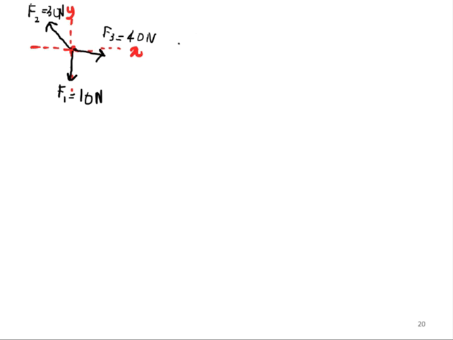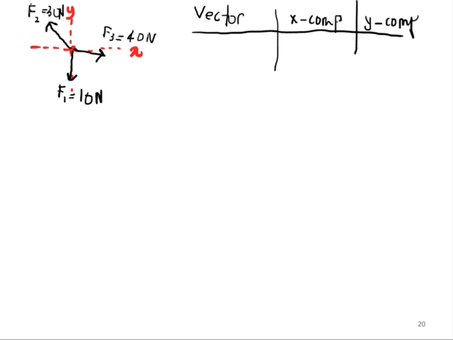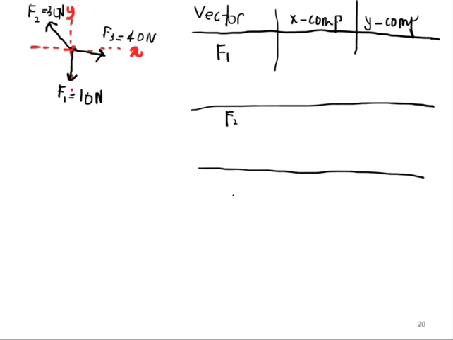Because there are three forces here, we can make a table. Vector, x component, and y component. There are three vectors that act on the particle: F1, F2, and F3.